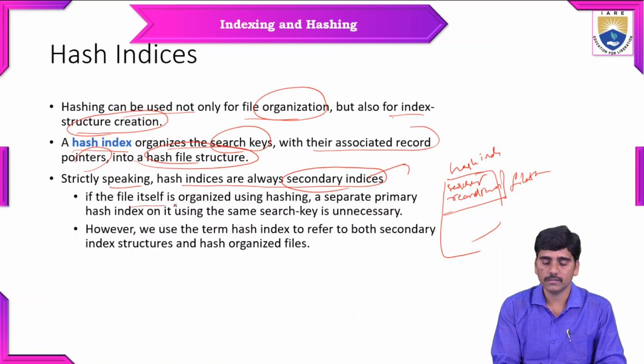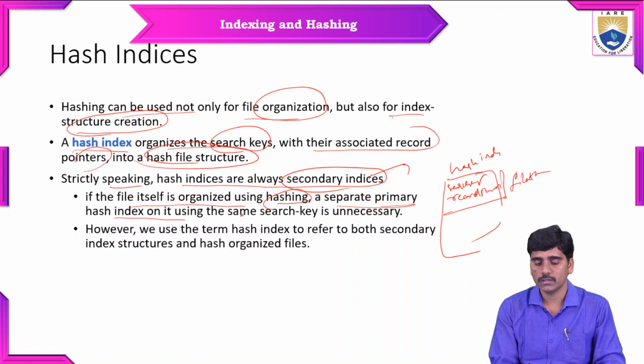Because if the file itself is organized using hashing, a separate primary hash index on it using the same search key is unnecessary.